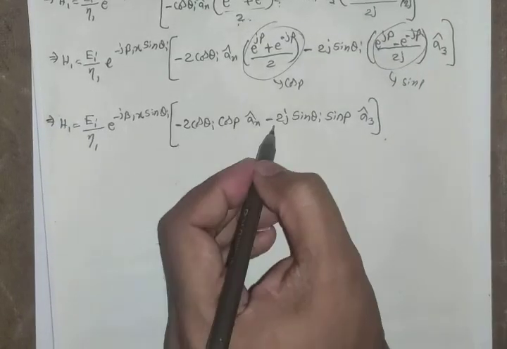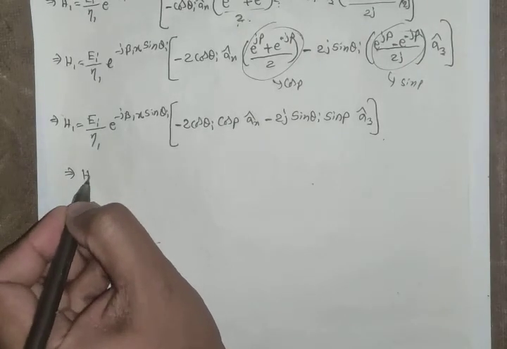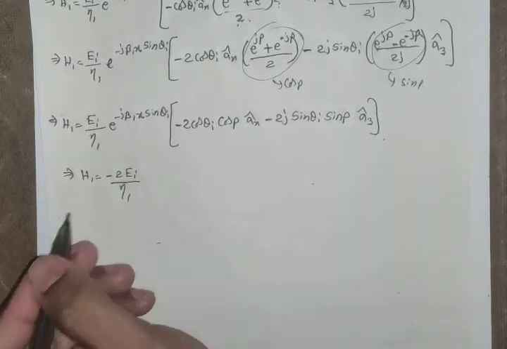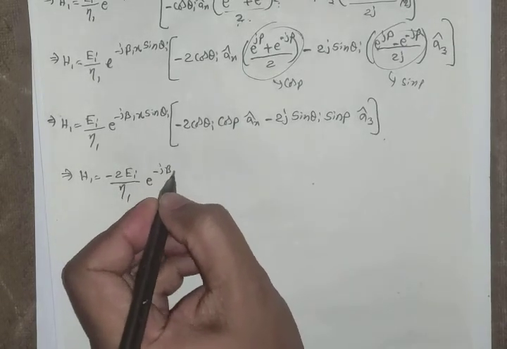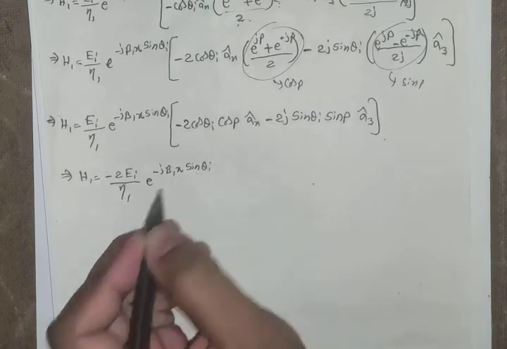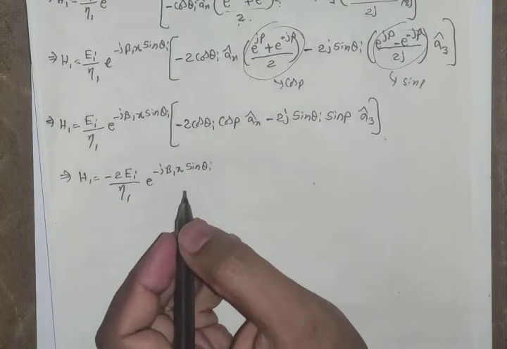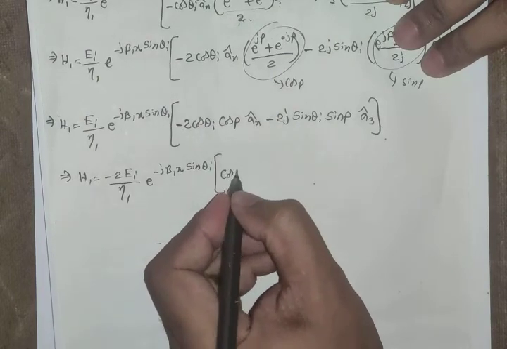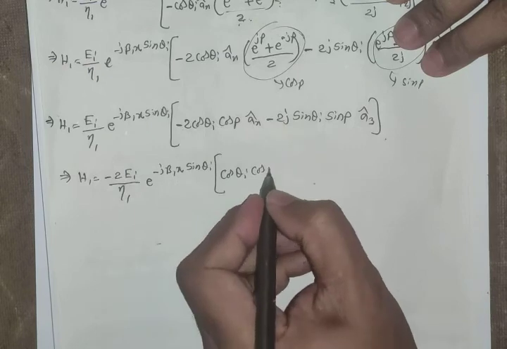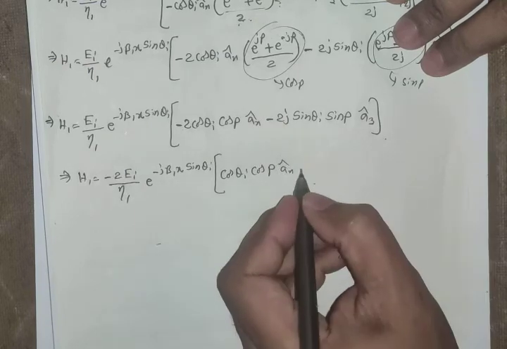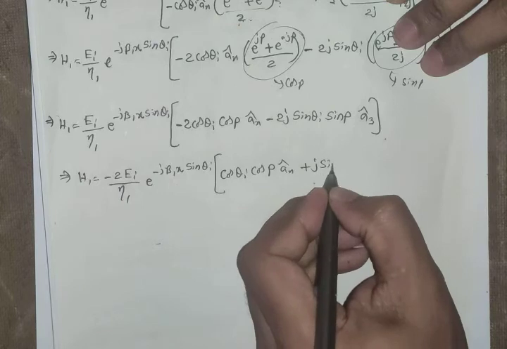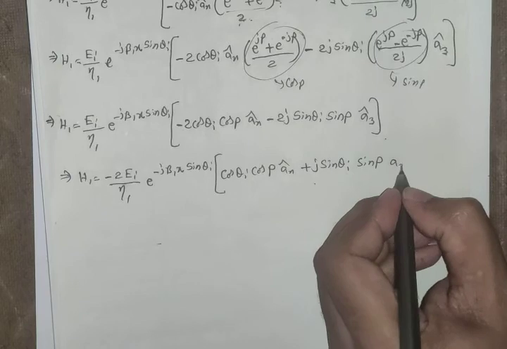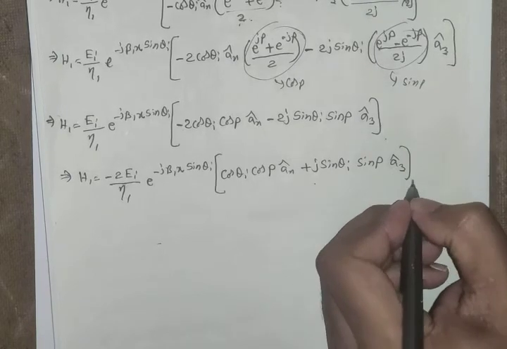Here let us take minus common out of these equations. Then the total magnetic field equals minus 2 Ei by eta 1 into e to the power of minus j beta 1 x sin theta i into cos theta i into cos p into ax cap plus j into sin theta i into sin p into az cap.